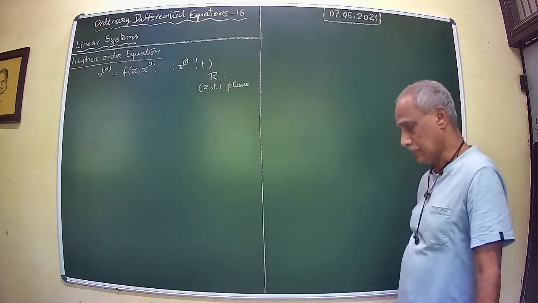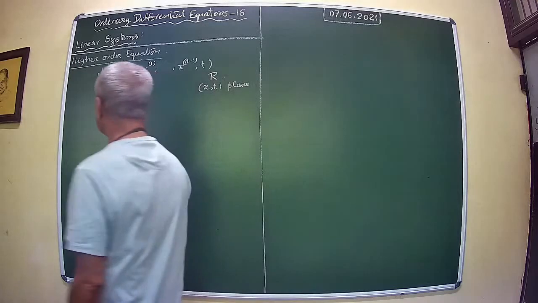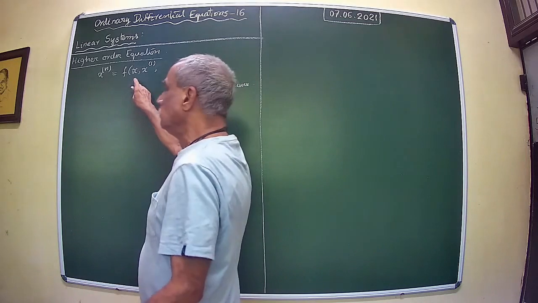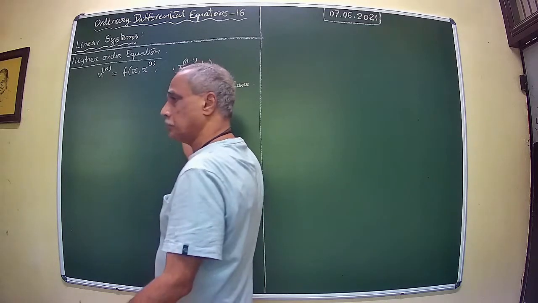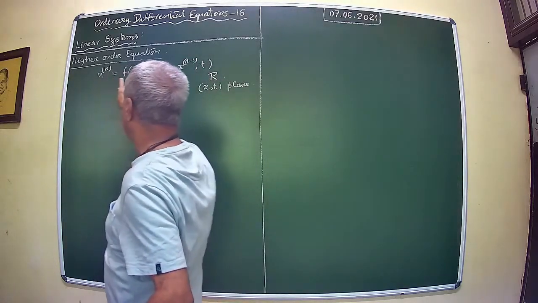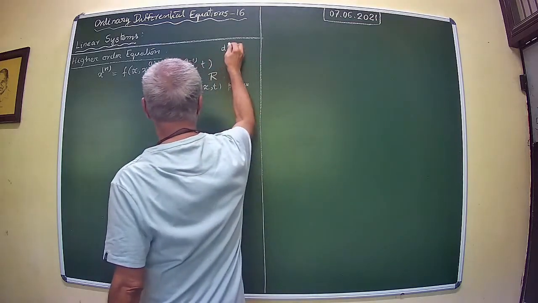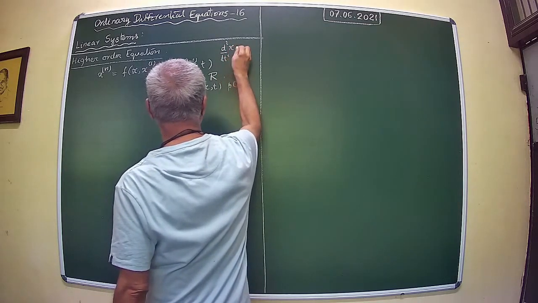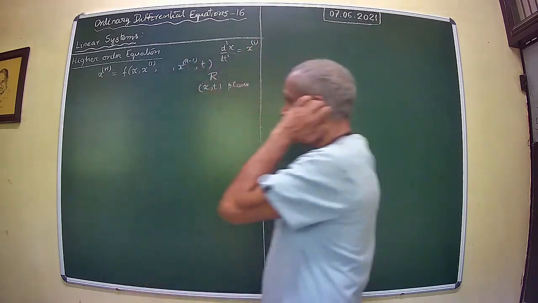This is a prototype of the nth order differential equation, where f is a function of the dependent variable x, its derivatives up to order n minus 1, and t. The nth derivative is given by this. I have put this, which stands for d^i by dt^i of x, designated by x to the power i. That's the notation.